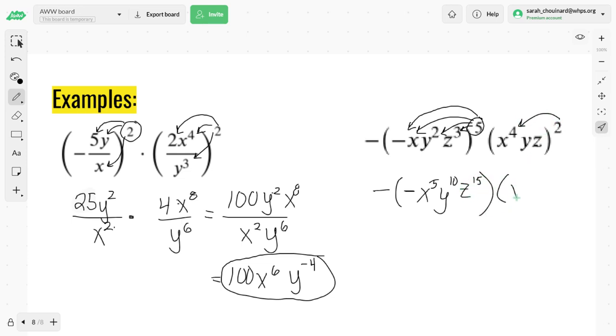Then 2 times 4 is x to the 8th, y to the 2nd, z to the 2nd. And so the negative and the negative are going to make a positive. Two negatives make a positive. And then x to the 5th and x to the 8th make x to the 13th. Y to the 10th and y to the 2nd make y to the 12th. Z to the 15th and z to the 2nd make z to the 17th.